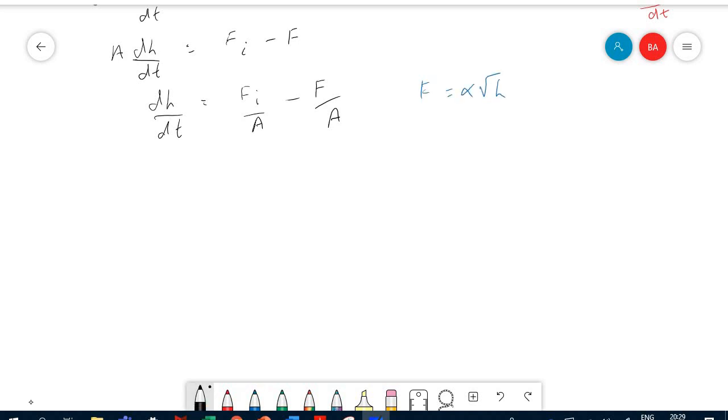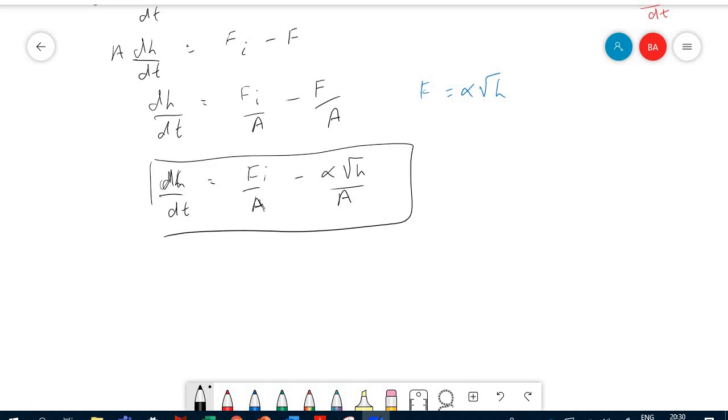Because of this, our equation is dH by dt is equal to Fn divided by area minus alpha square root of H divided by area. Okay, beautiful. So this is what we had from the overall mass balance. That's really good.